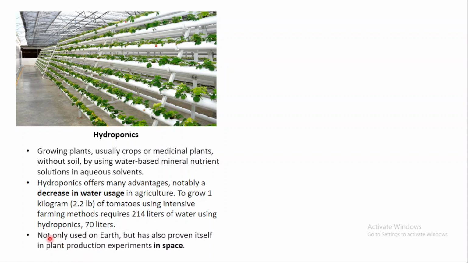And the next point that I wanted you to focus on, it's not only used on Earth, but also has proven itself in plant production experiments in space. Since we do not require soil for hydroponics, we can use this pipeline system to supply water-based mineral nutrient solutions. It has also been successfully worked out in space. In space stations, there can be hydroponic systems growing plants.